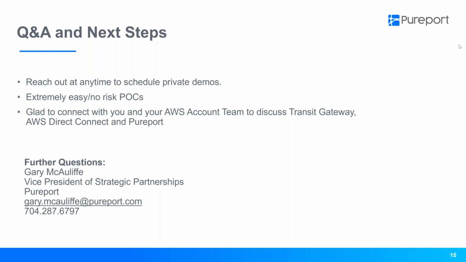So, any more questions? Oh, looks like we have one other question. There was a question asking how this compares with Azure Virtual WAN. For the sake of today's webinar and our coverage of the AWS solution, I think we'll table that.